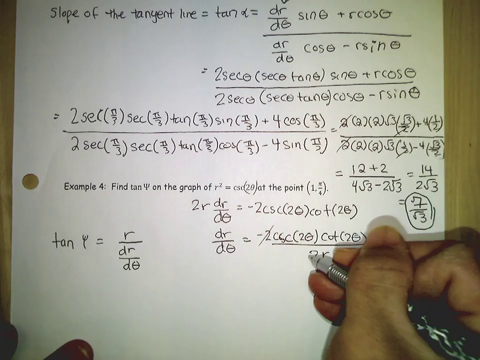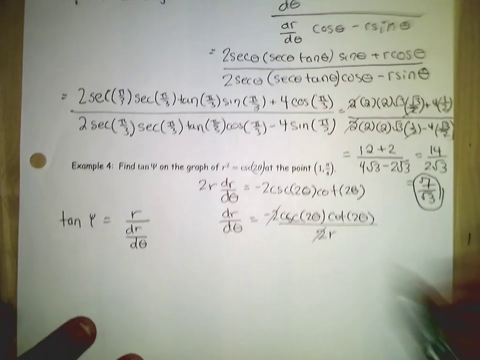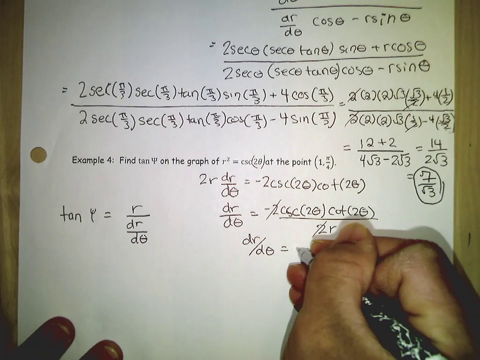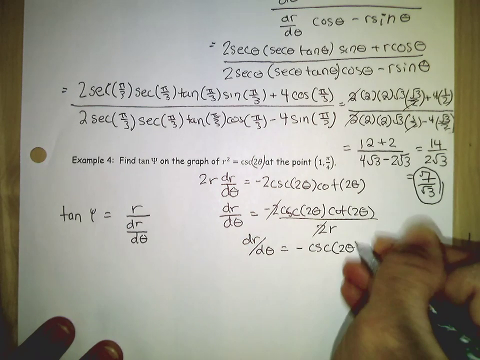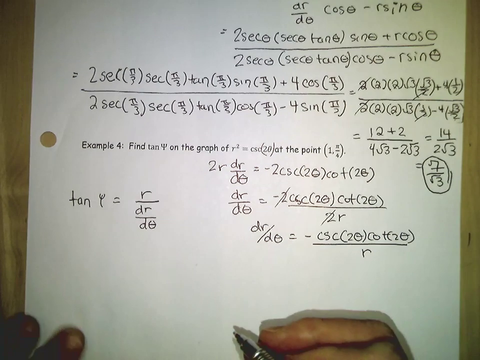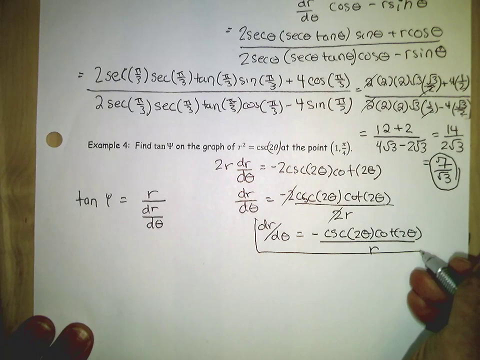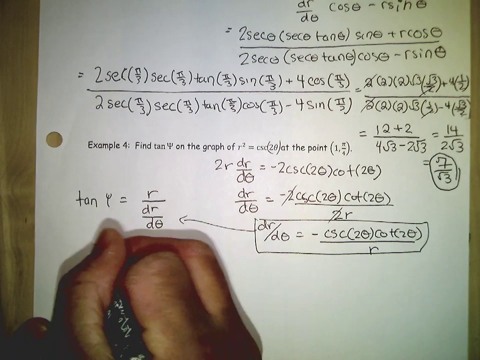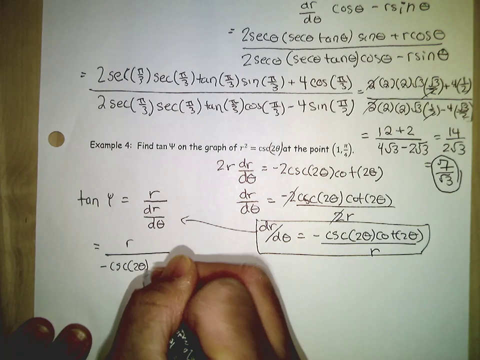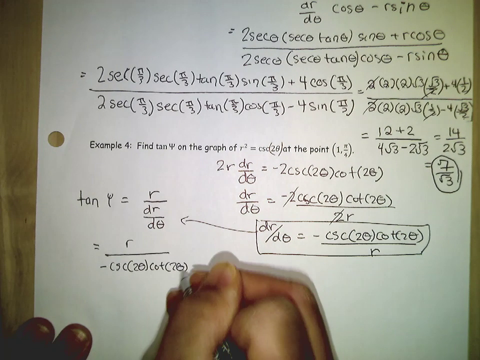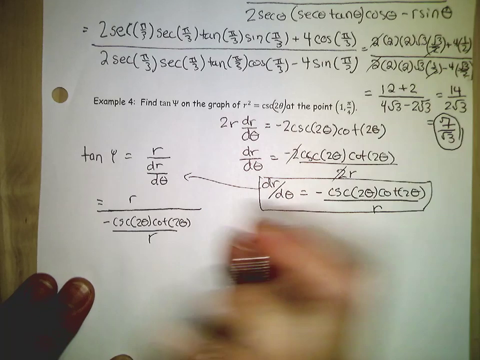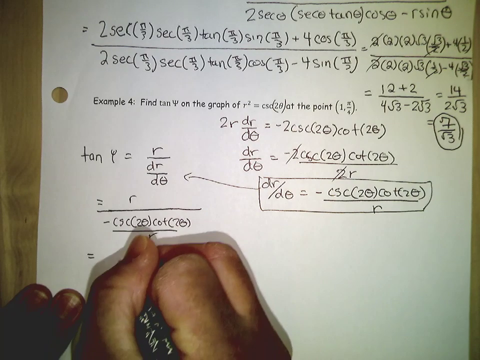And the 2's divide out, so then we have dr d theta is negative cosecant 2 theta cotangent 2 theta over r. Now, I'll substitute this in over here. So we have r over negative cosecant 2 theta cotangent 2 theta over r. We'll multiply by the reciprocal here.